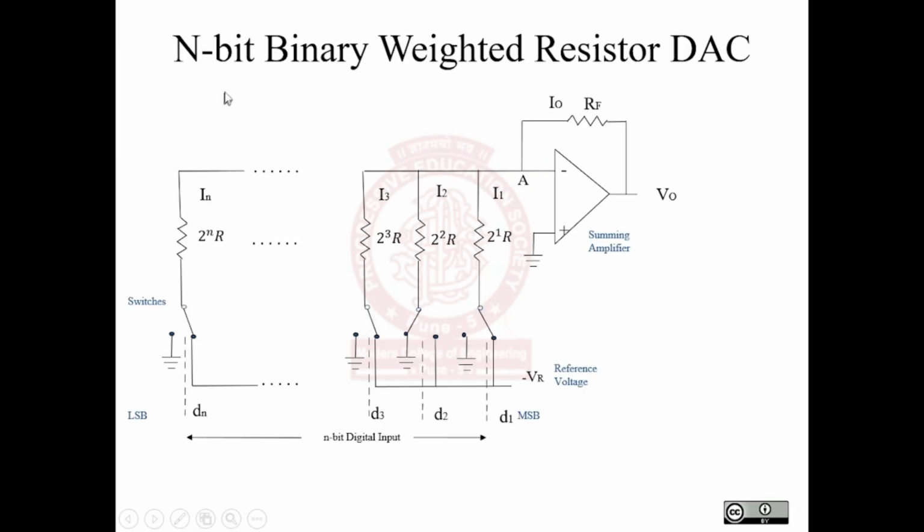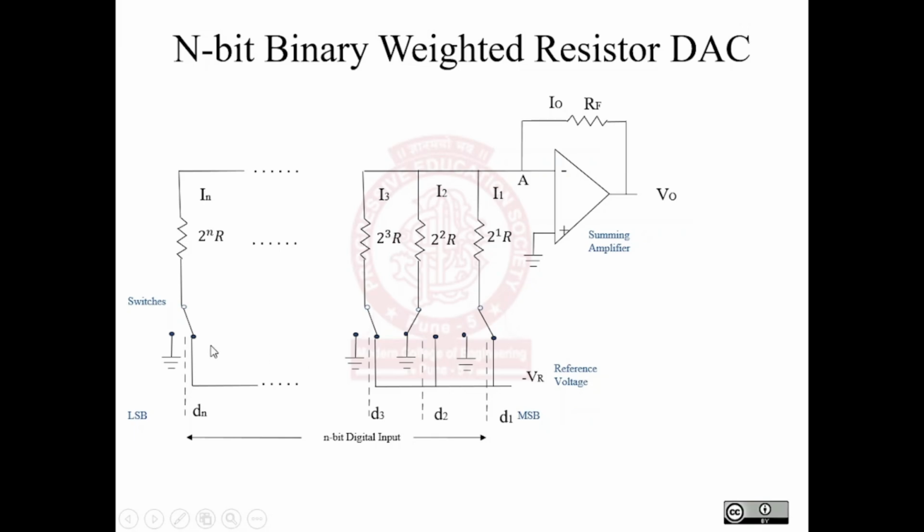Now this is an n-bit binary weighted resistor DAC. In this we can observe that there are n digital inputs, that is D1, D2, D3, D4 so on up to Dn, where D1 is the MSB and Dn is the LSB. To the digital inputs we have switches connected.